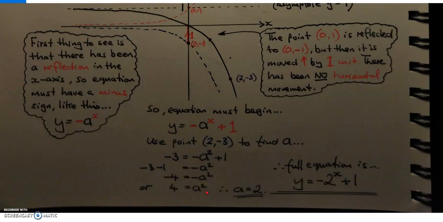And also, if you divide both sides by minus 1, you will turn it into positive. So you get the 4 as a squared. So a, again, must be 2. So the full equation for this particular one is y equals minus 2 to the power of x plus 1.